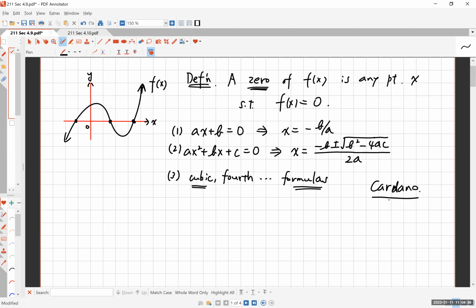You should maybe look him up and see what kind of an interesting character he was. So there's rich history behind solving equations. In fact, the word algebra comes from the first two Arabic words from the title of a book that has to do with solving equations.